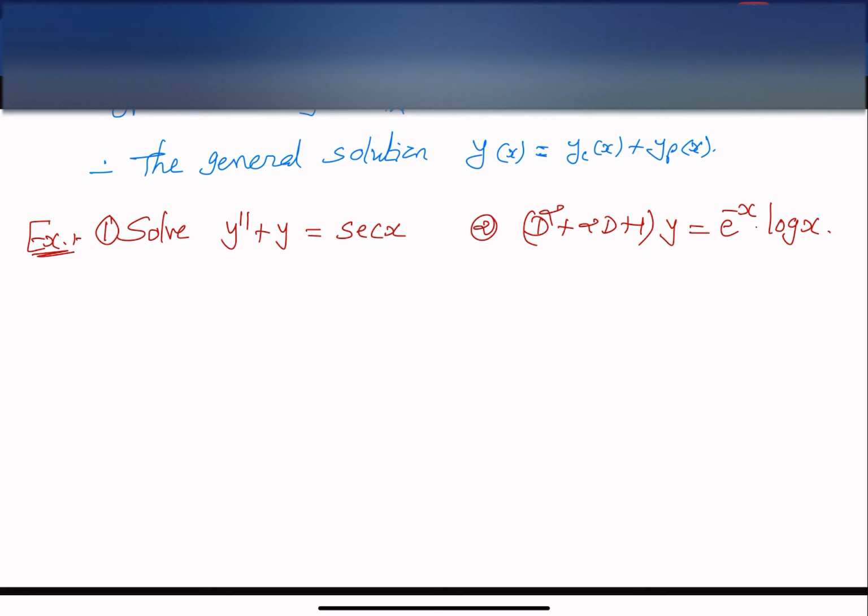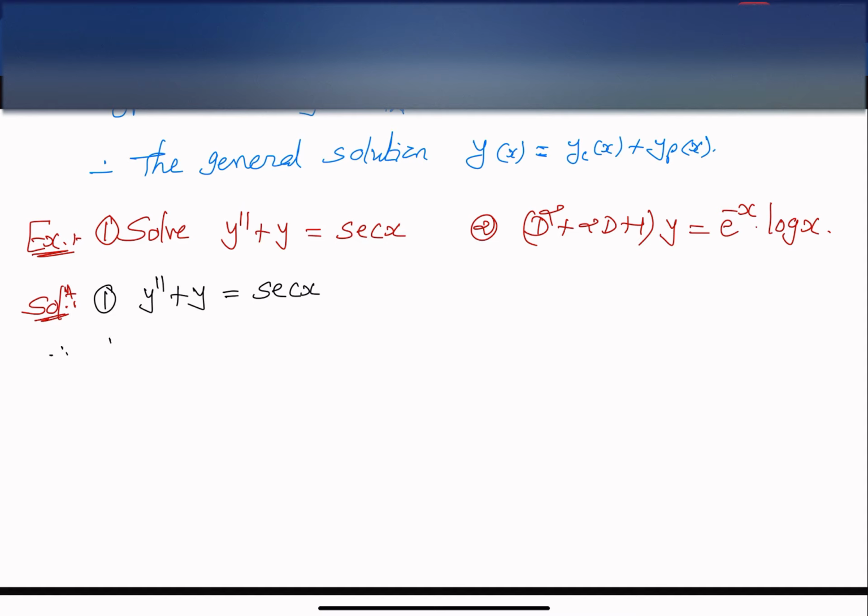So let us start the solution. Okay, solution of this exercise, what we have given, y double dash plus y is equal to sec x. So the question arises, how do you represent it in the examination?